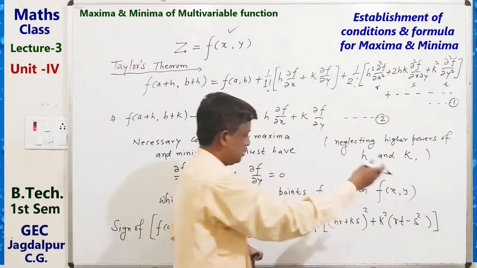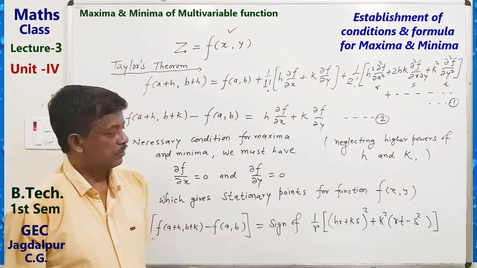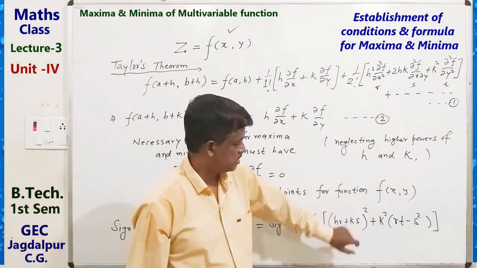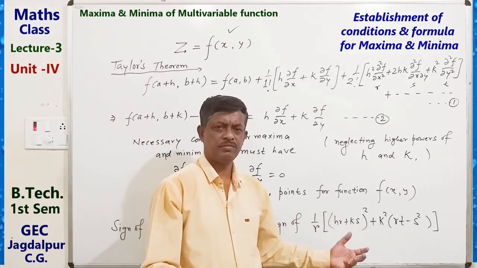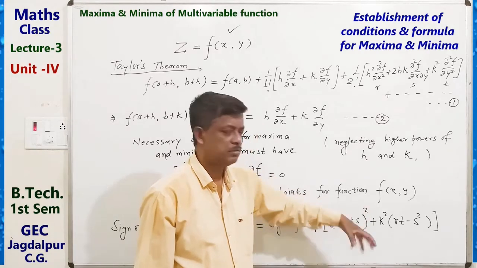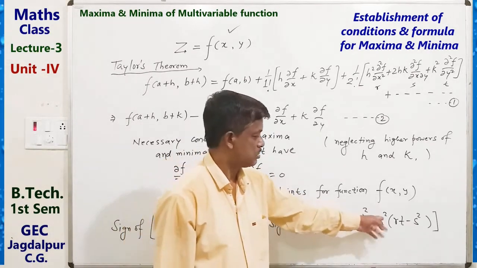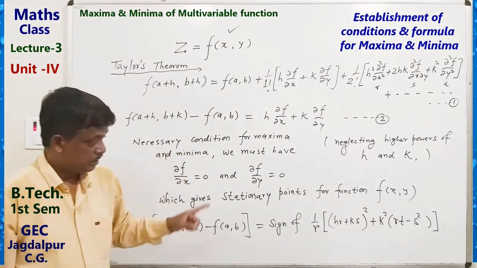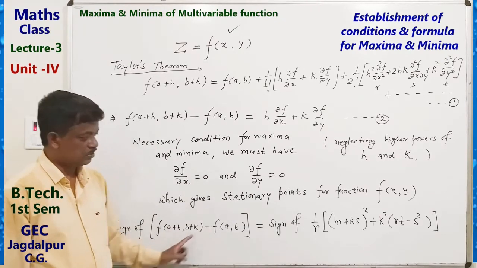In this format we are writing it and then making a perfect square like this. Here we see that this is positive; h and k may be any value, positive or negative, so the square quantity is positive. K squared is also positive. So for determining its sign, the sign of this equals the sign of this.